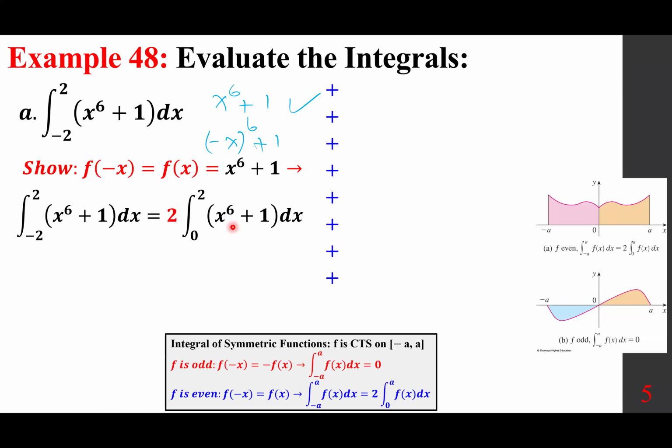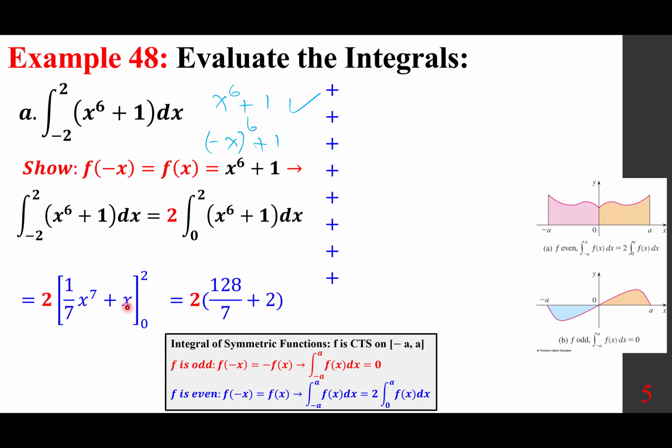So this is obviously 1 over 7 x to the power of 7 plus x. Remember, we don't have a constant because it doesn't make any difference. It goes away. Now, if you were to evaluate this from negative 2 to 2, it would take a tad longer. But now from 0 to 2, 0 doesn't do anything. This is 1/7. 2 to the power of 7 is 128.